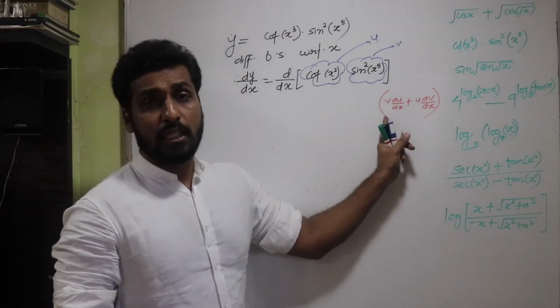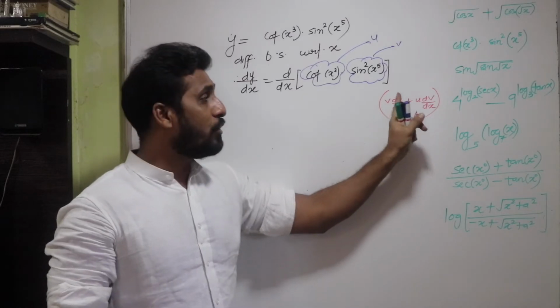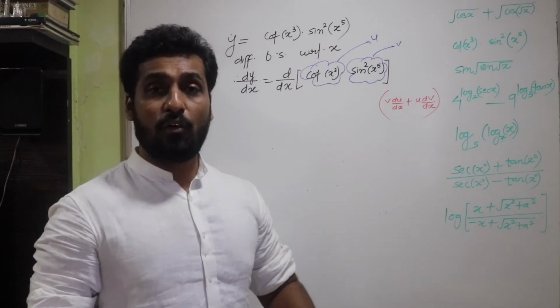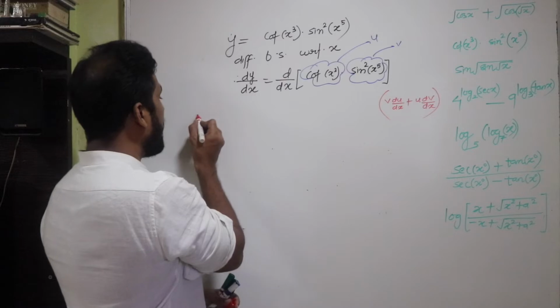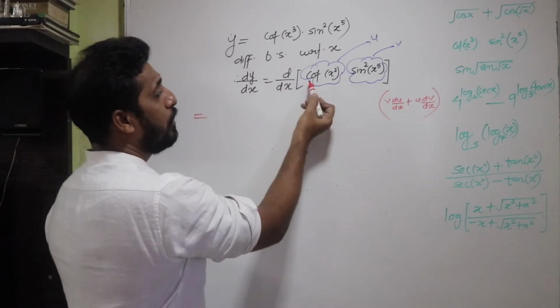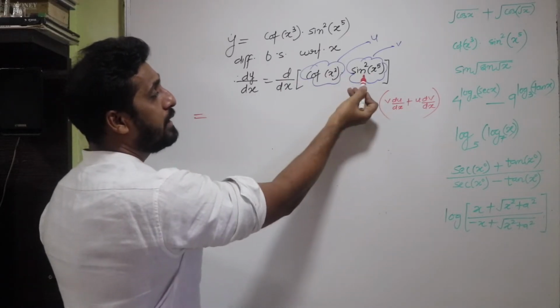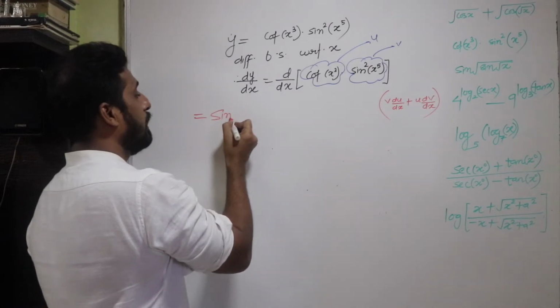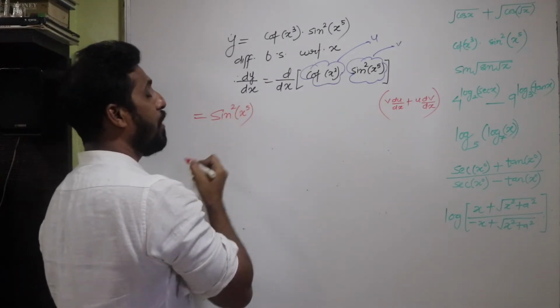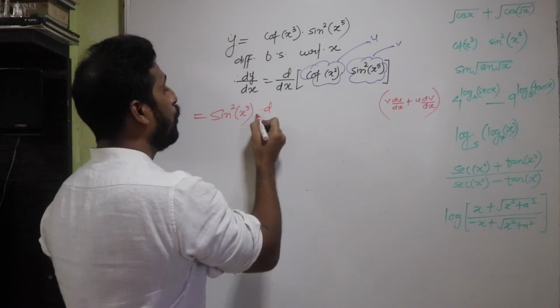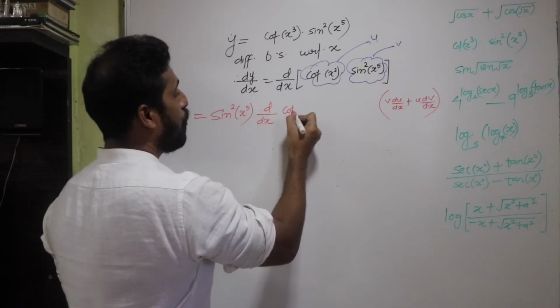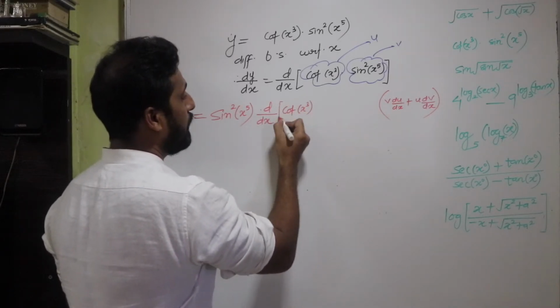Second function as it is, derivative of the first function, plus first function as it is, derivative of the second function. So I'm going to get my answer as the derivative of u into v becomes second function as it is. So I write sine square x raised to 5 as it is into the derivative of cot of x cube, isn't it?